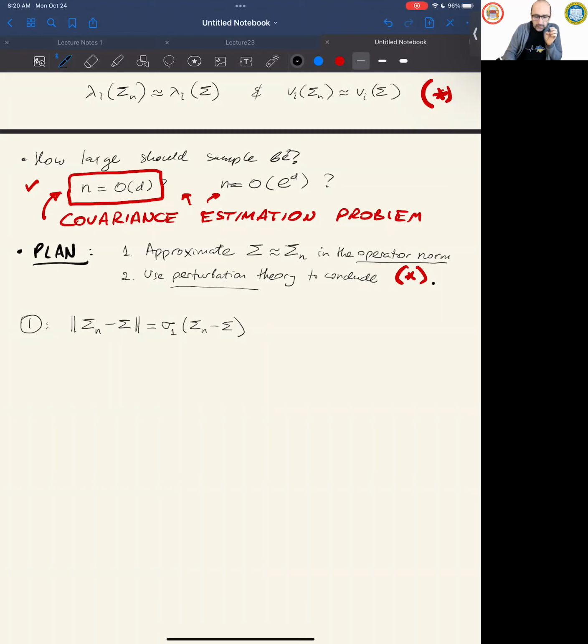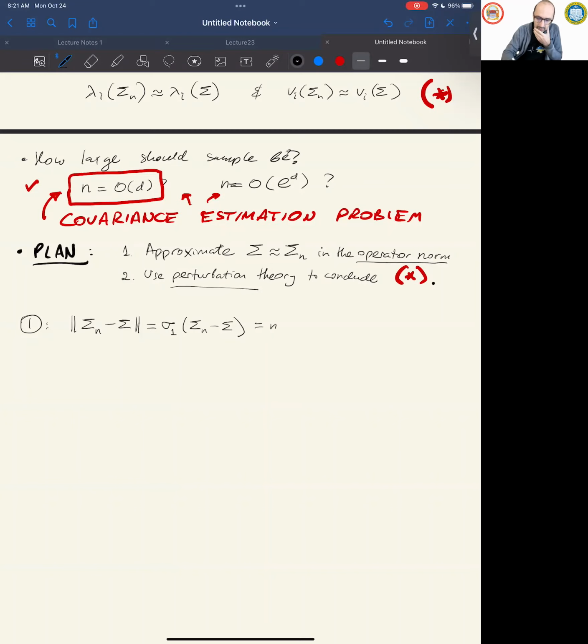Now, if you recall, the singular values of A are the square roots of the eigenvalues of A transpose A. But these matrices are symmetric, so A transpose A will be A squared, and then we take the square root. So basically we'd have the absolute value of the eigenvalue.